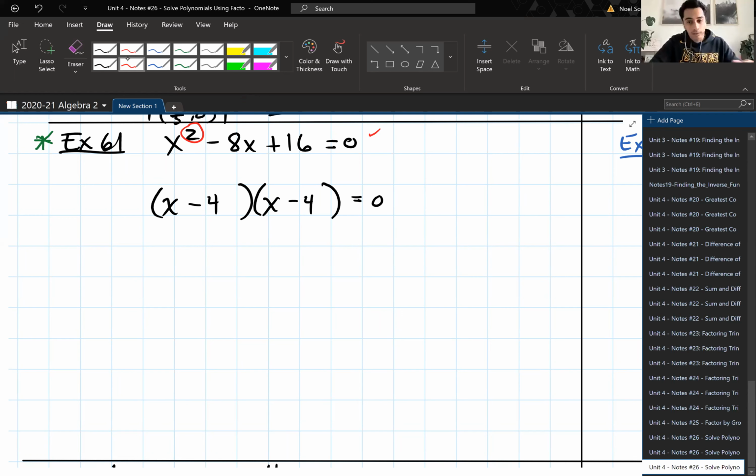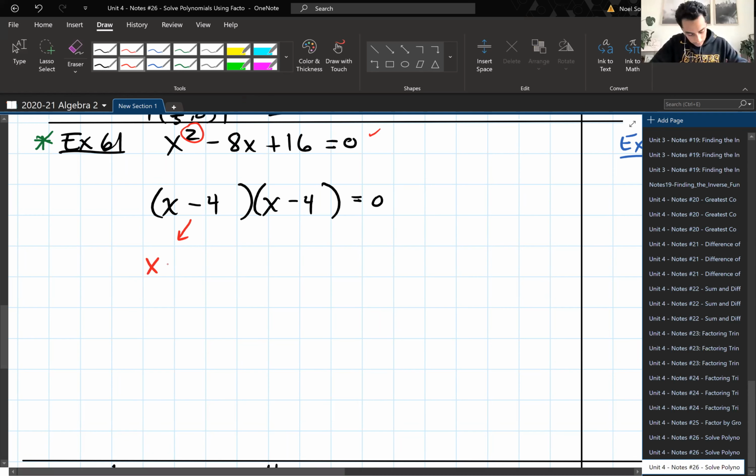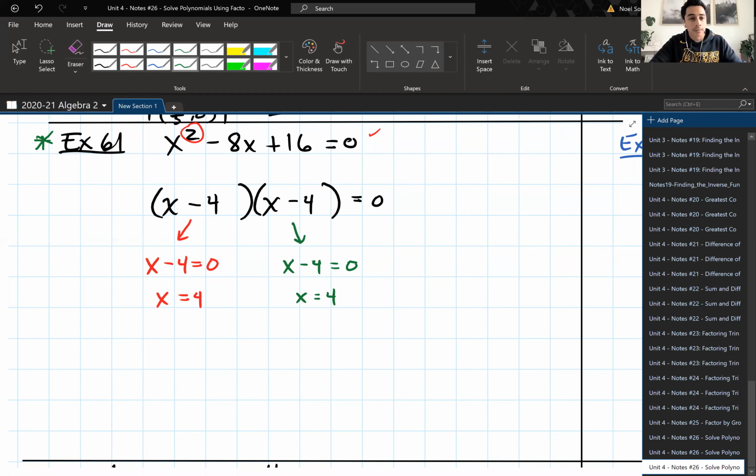Okay, now notice something. That gives us x minus 4 equal to 0. This one also gives us x minus 4 equal to 0. Okay, so when we solve for both of them, this is going to be 4. This is also going to be 4. And you might be wondering, aren't I supposed to get 2 different solutions? Well, sometimes you get something called a double root, which means that the root happens twice. And that's okay.